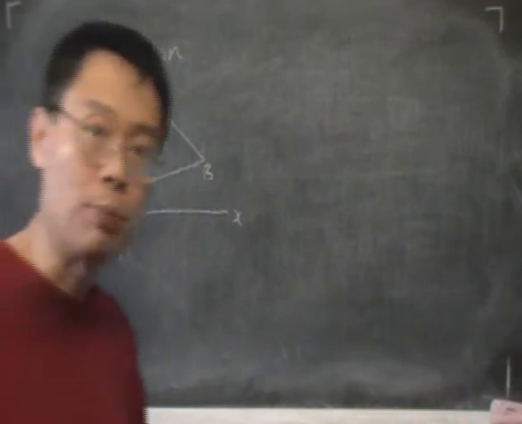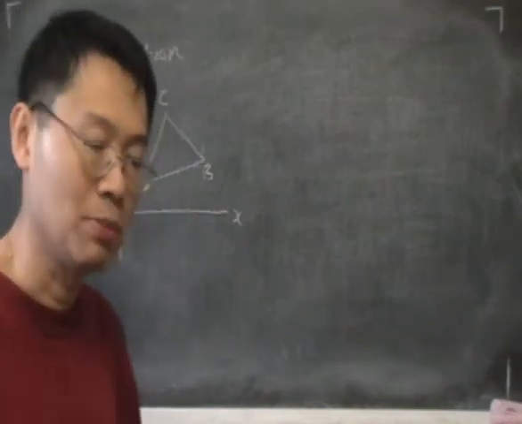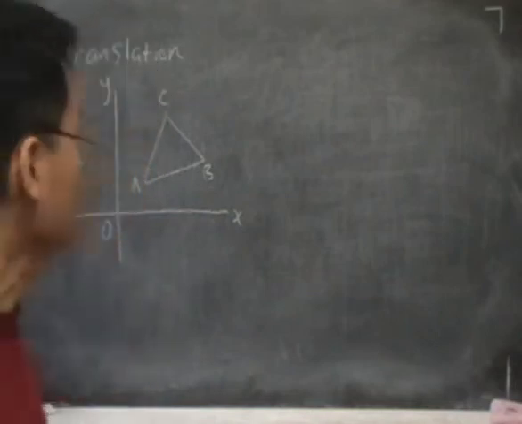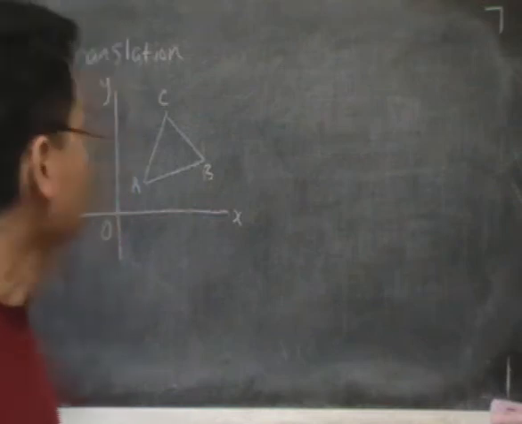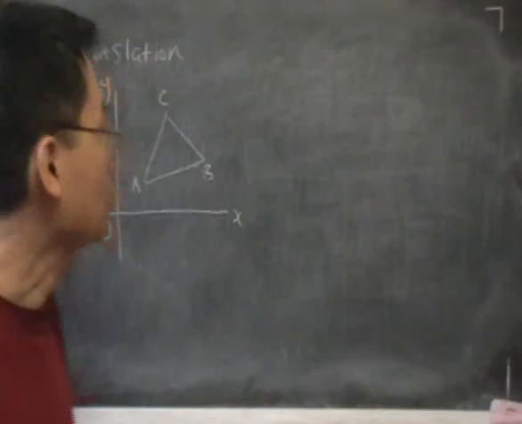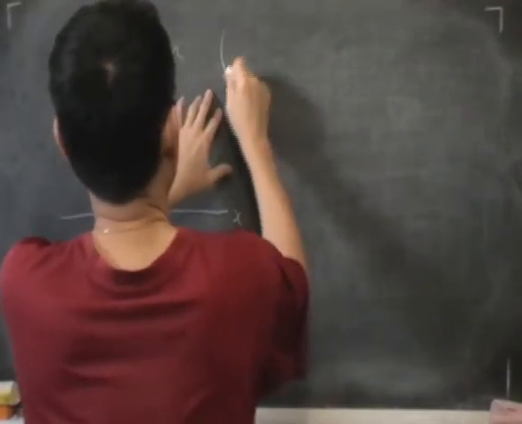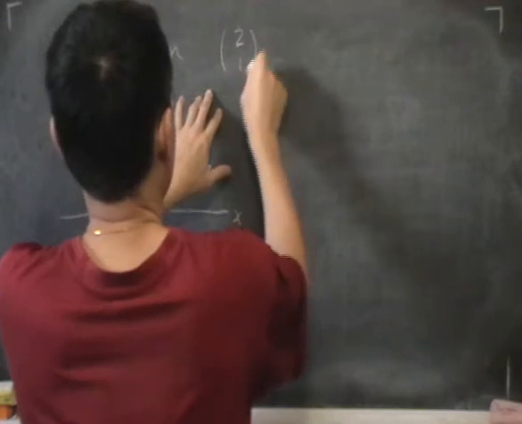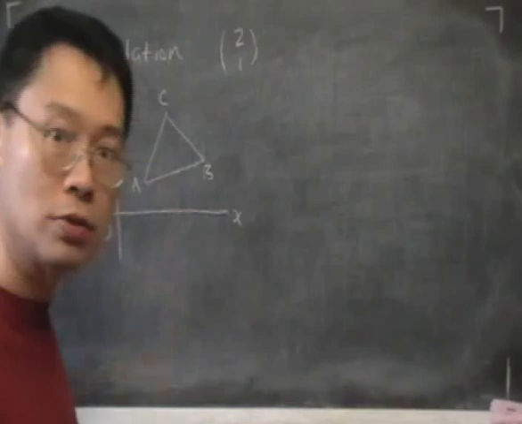Now, moving a point is quite simple and maybe a little bit boring. Now what we could also do is to move a figure. Suppose that I have a triangle and I want to do a translation to it, with a translation vector of, again, 2, 1. So how would I apply a translation to a whole figure?